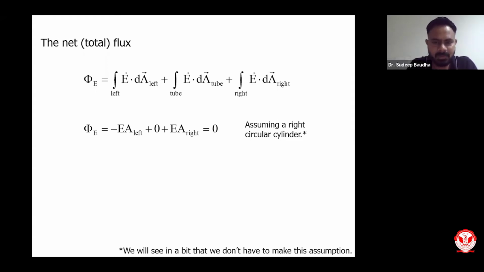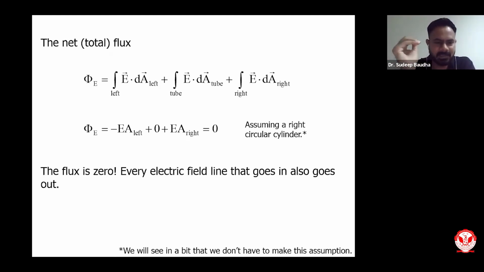So from the geometrical point of view, you can see the net flux over a closed cylinder or over a closed volume, which is a cylinder in this case, is 0. So we have developed a relationship that if I have a cylinder which is kept in a uniform electric field, then the net flux over that particular cylinder is going to be 0.